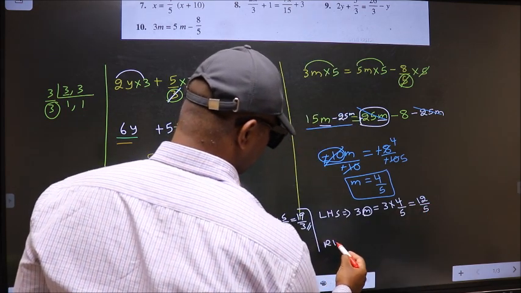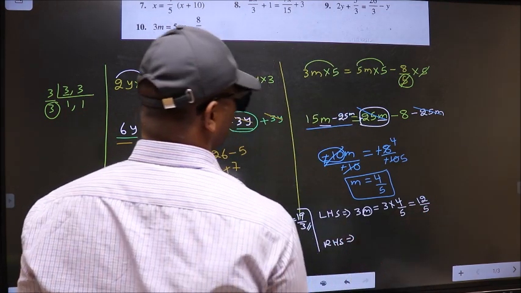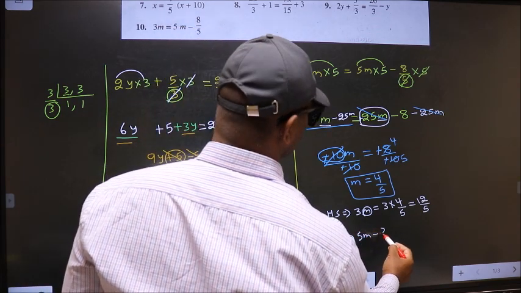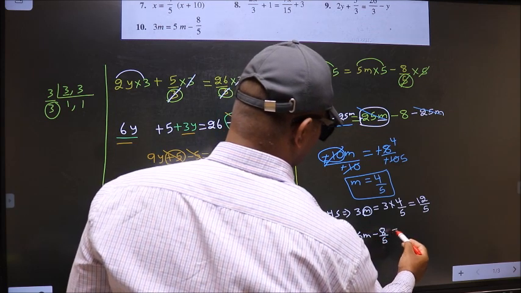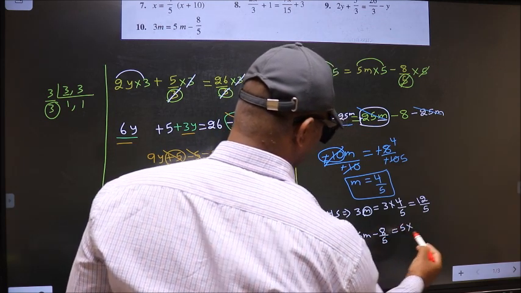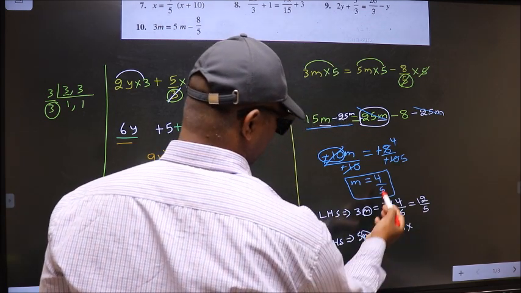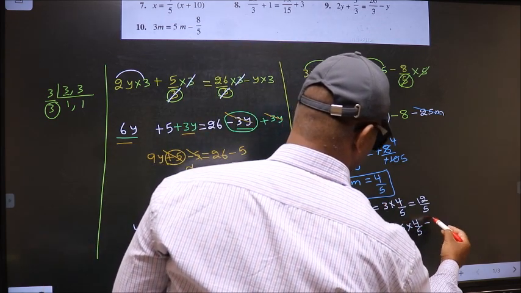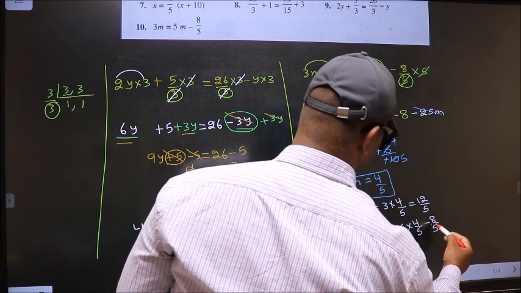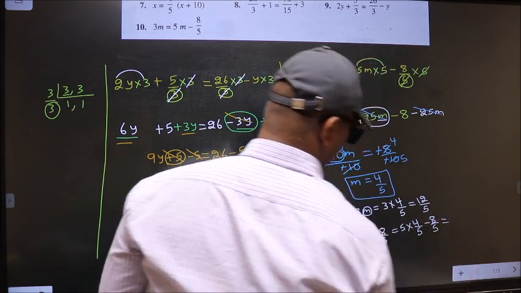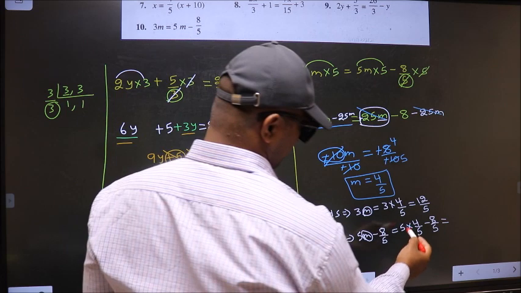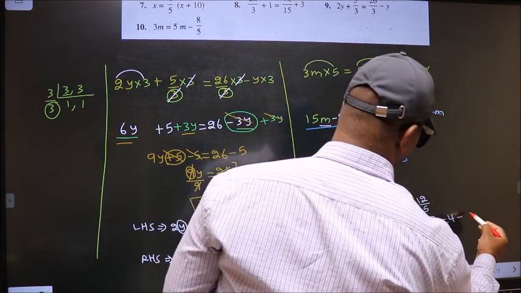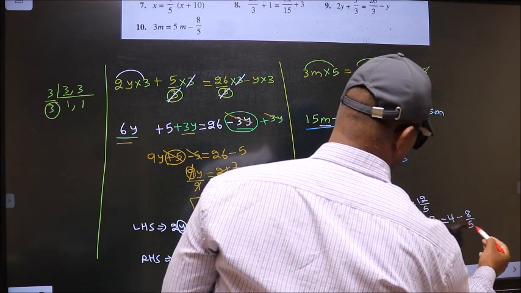Now RHS is 5m minus 8 by 5 equal to 5 into, in place of m we write this 4 by 5 minus 8 by 5, that is equal to, here if we cancel 5, we get 4 minus 8 by 5.